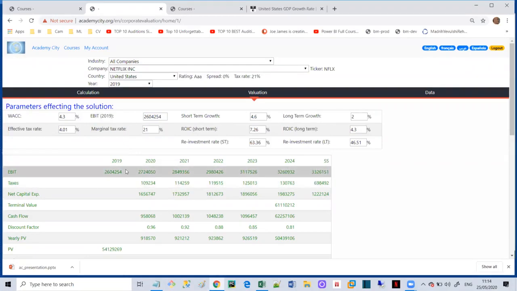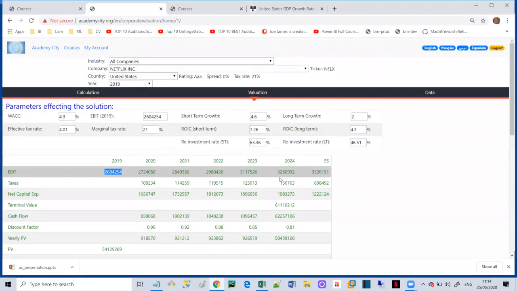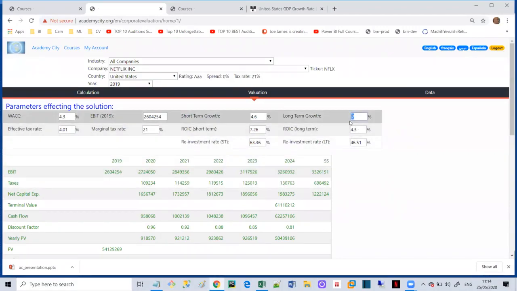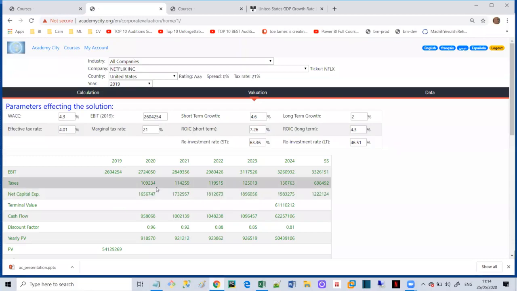So I'm taking the EBIT of 2019 and using the 4.6 in the short term, and then I'm using 2% in the steady state. Then I'm using net capital expenditure, okay? Then I have the taxes, of course.